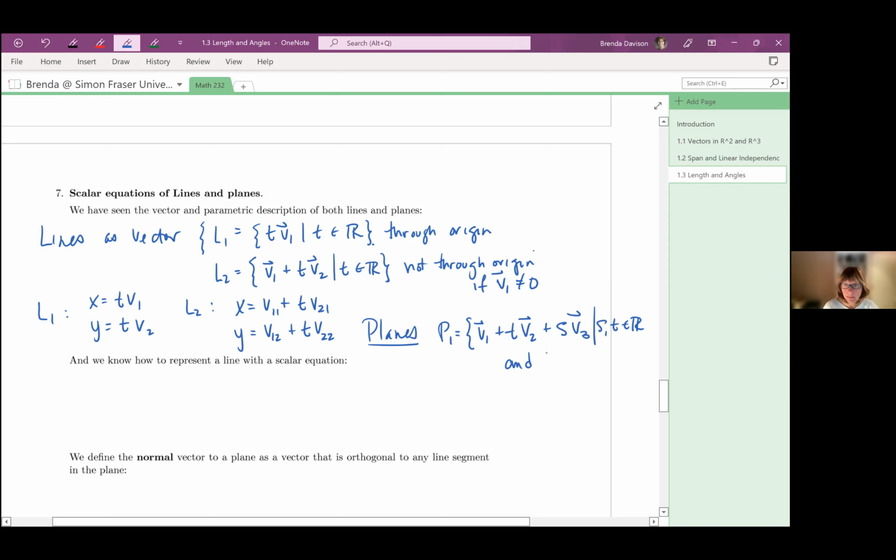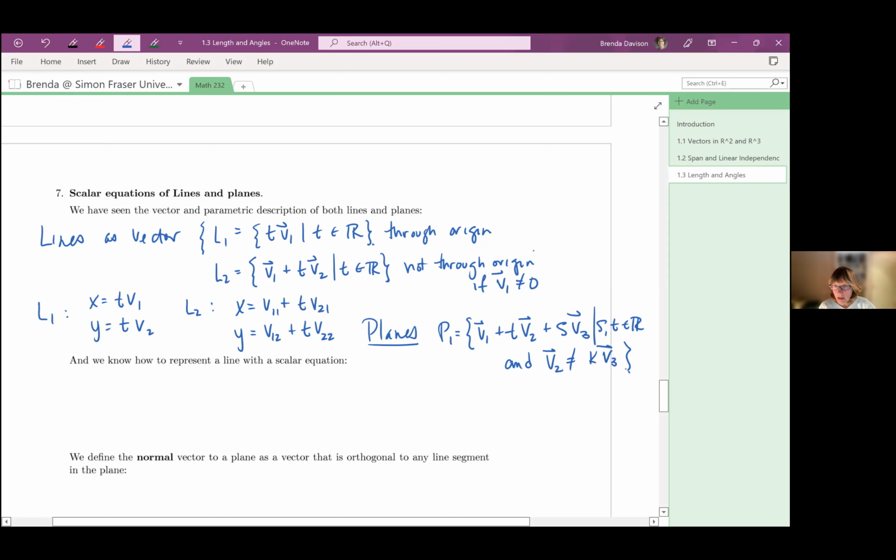Be careful, you can get bitten by this one really easily by looking and going, oh, look, it's a plane, there's 2 degrees of freedom, and then not realizing that V3 depends on V2. Okay, so really caution there. It's easy to make that mistake. So that is, and V2 is not equal to some scalar multiple of V3.